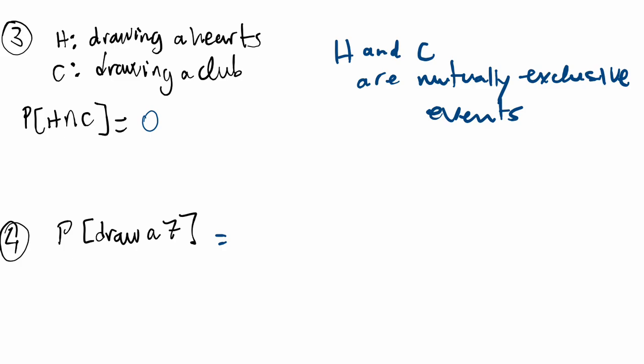We have 1 seven here, 1 seven here, 1 seven here, 1 seven here, meaning that we have 4 sevens in the deck of cards, with respect to all the possible things, which are 52 cards. Then you can simplify this. If you divide by 4 in the numerator and denominator, you will have 1/13.